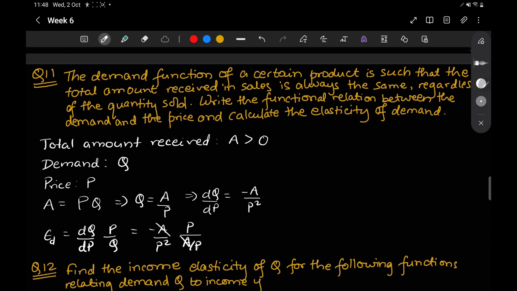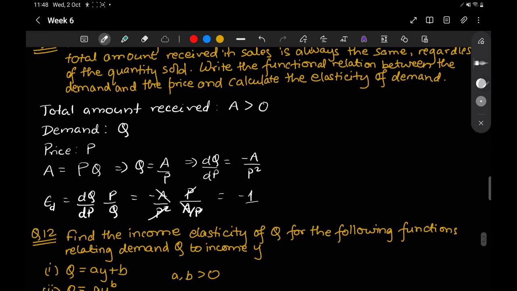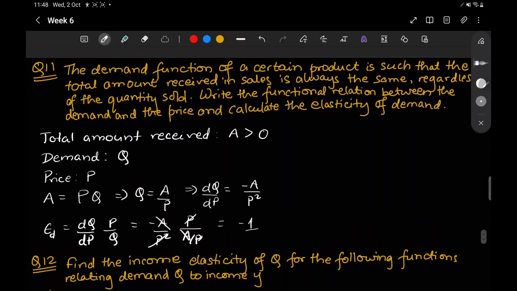This P along with this P becomes P squared, and so P squared also cancels out, giving us negative 1. So that's the elasticity of demand. So it is unit elastic.